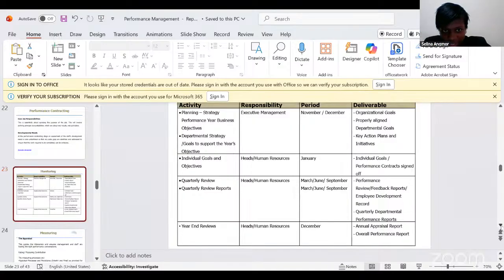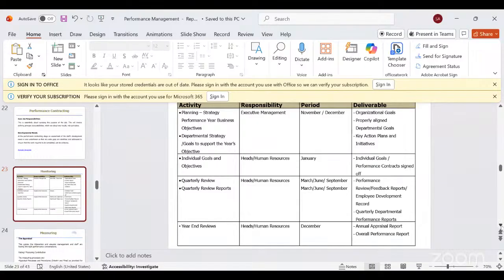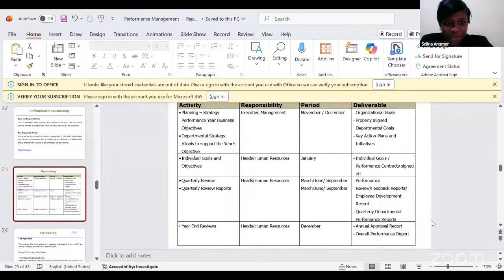You see that after the planning process, there's the quarterly review, then after the quarterly review, there's the quarterly review report. For some companies, it's not a quarterly review but a monthly review. After the monthly reviews, you have the monthly review report. So the reports you are presenting on a monthly basis form part of the review.